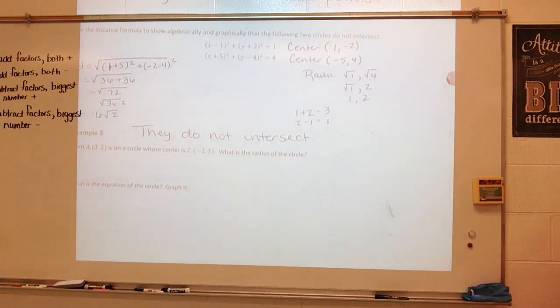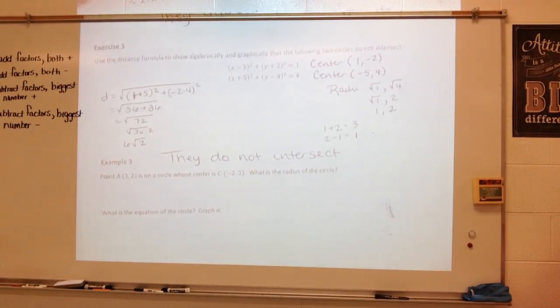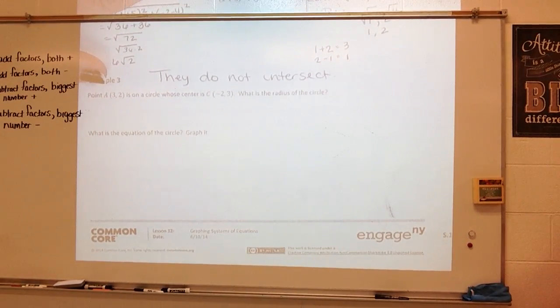Example number 3. Point A, 3, 2, is on a circle whose center is C, negative 2, 3. What is the radius of the circle? So I've got 2 points. It says the point is on this circle, and this is my center. I can do the distance formula.